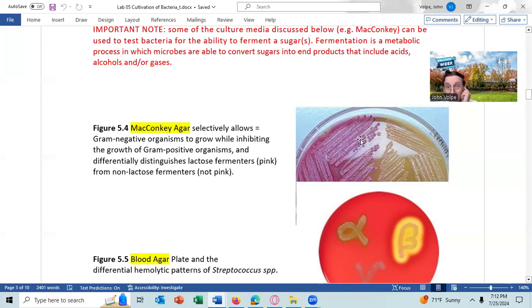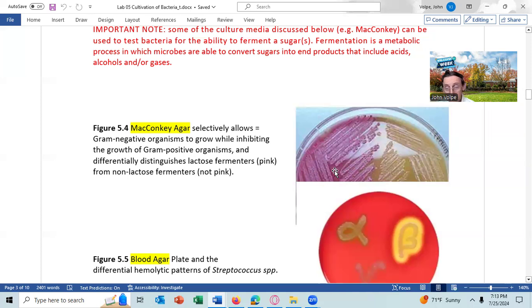And you can see differences between these two species on the McConkey's agar, and that's because McConkey's agar is differential for the fermentation of the sugar lactose. If you see the sugar lactose being fermented, you'll see pink colonies as well as pink around the growth.